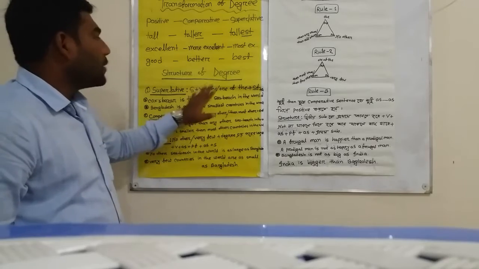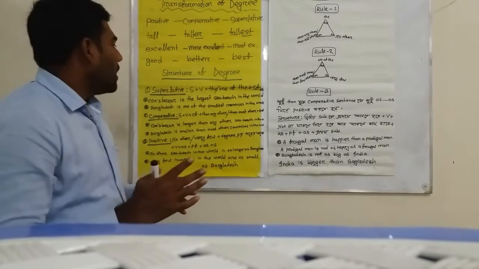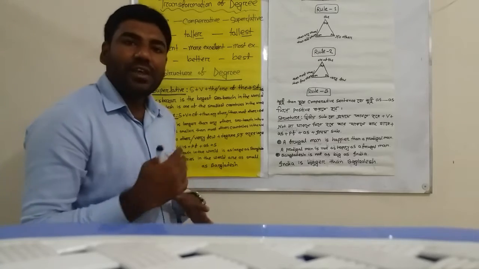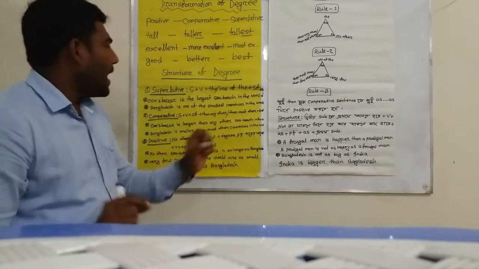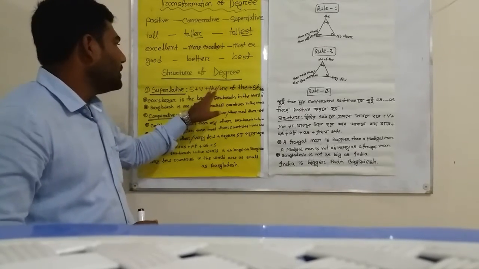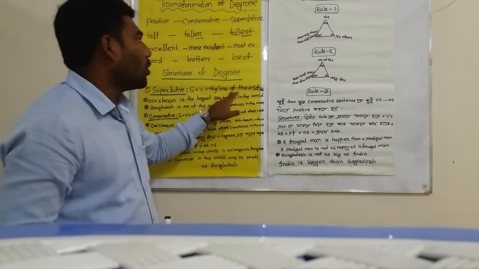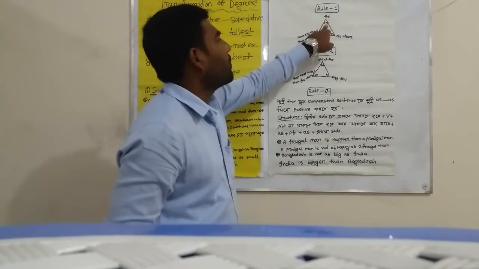Actually, there are two rules. I have mingled them so that you can understand easily or within a short time in an easy way. I have here mingled two rules in a sentence. Number one, the. Number two, one of the. At a glance, here you can say superlative.